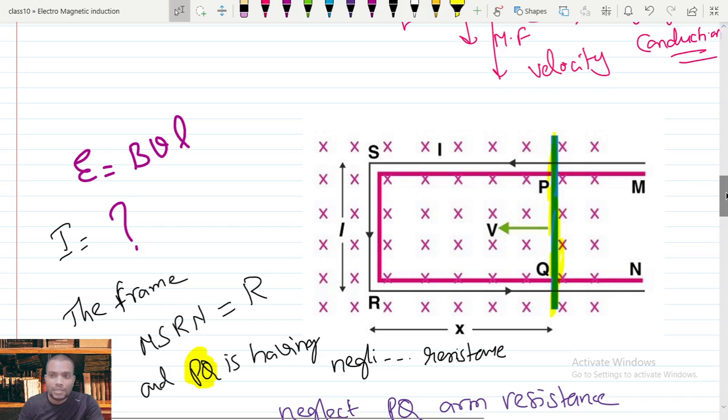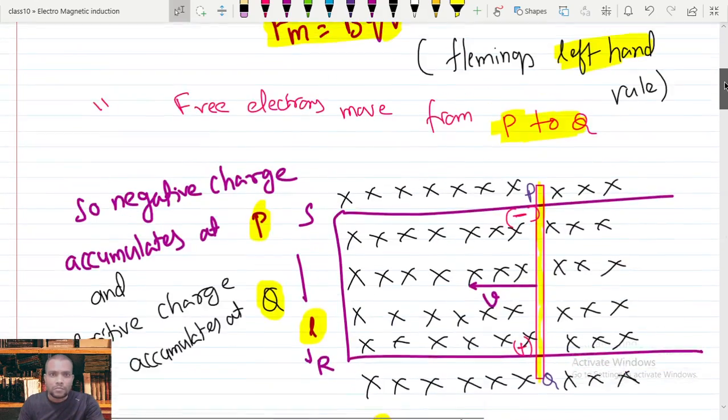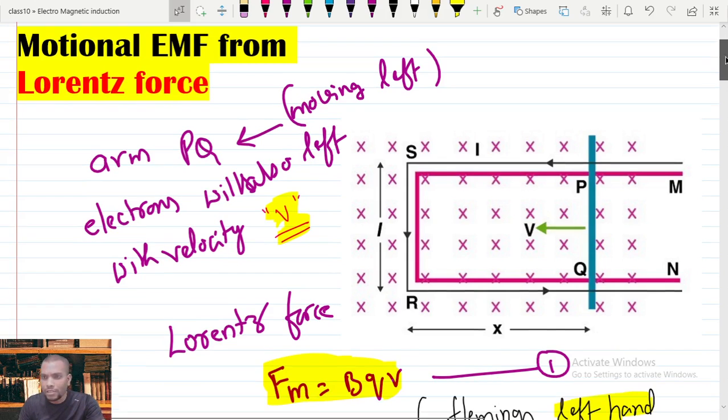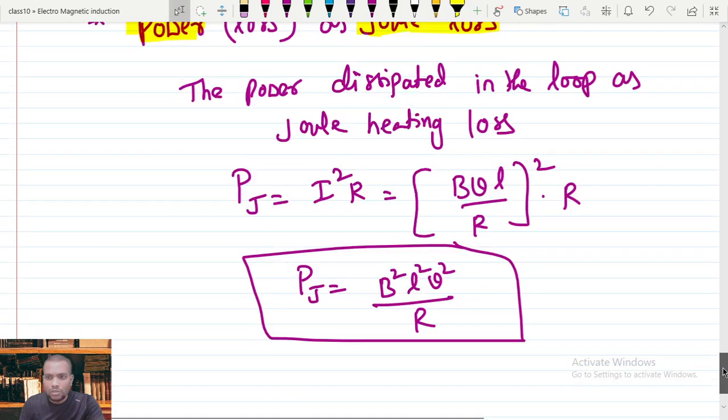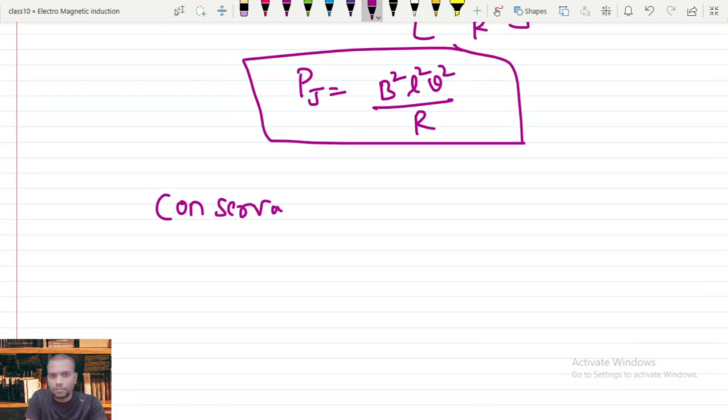So to prove the law of conservation of energy in this case, how the mechanical energy is converting into electric energy and heat energy, we will prove with the help of the Lorentz force. Finally, as a conclusion, motional EMF from Lorentz force gives the conclusion of conservation of energy. Energy gets conserved.